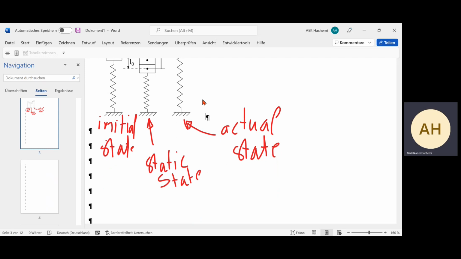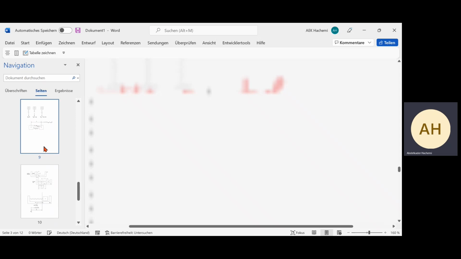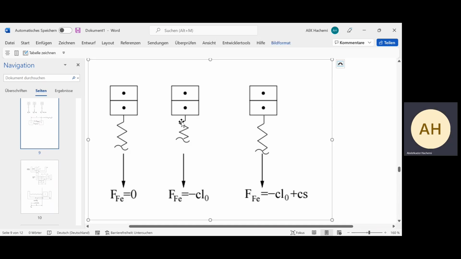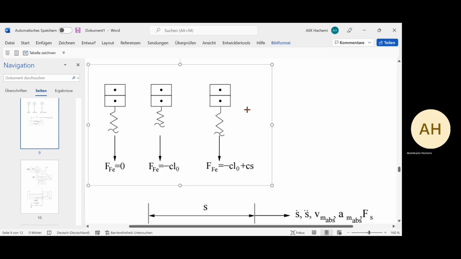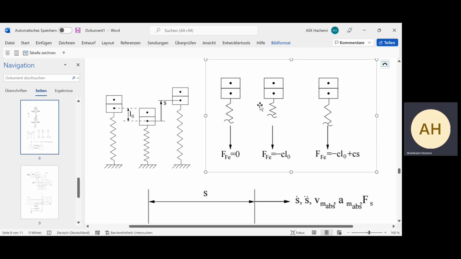That means now, if we look at each state, what we have here, we cut at the spring position, let's say.